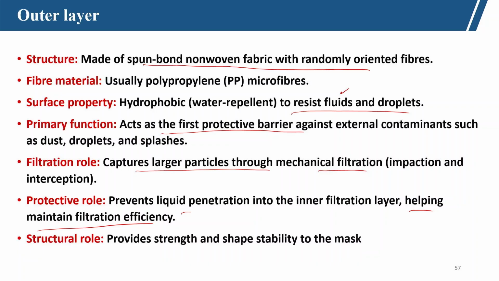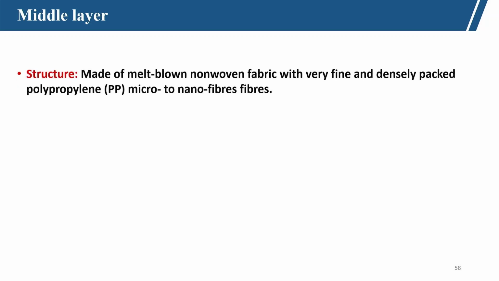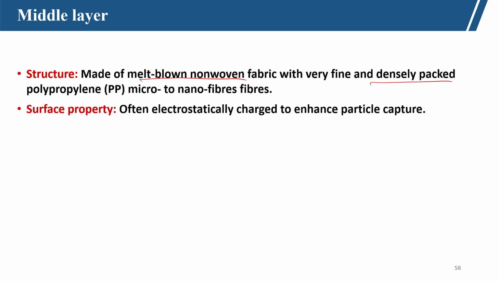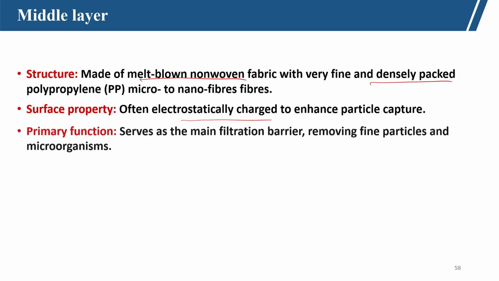It provides structural strength to the mask, and next is the middle layer, which is made of fine melt blown nonwoven fabric with very fine fibers densely packed, which mainly provides the filtration. The surface is often electrostatically charged if we need to enhance the filtration efficiency, otherwise mechanical filtration is done.